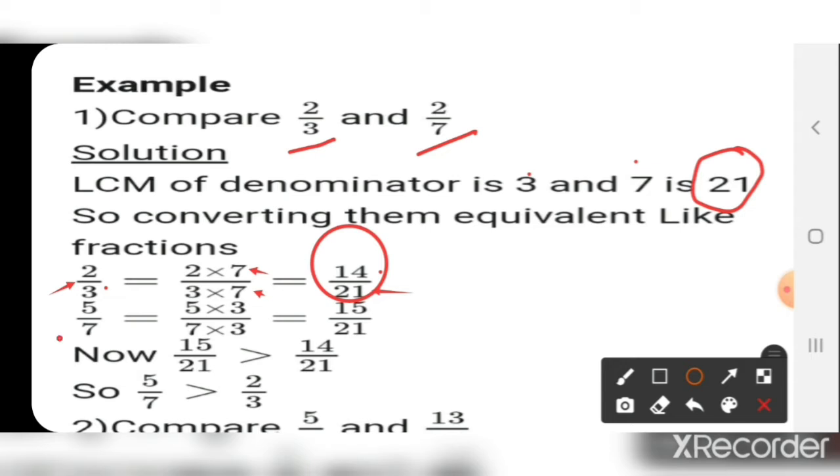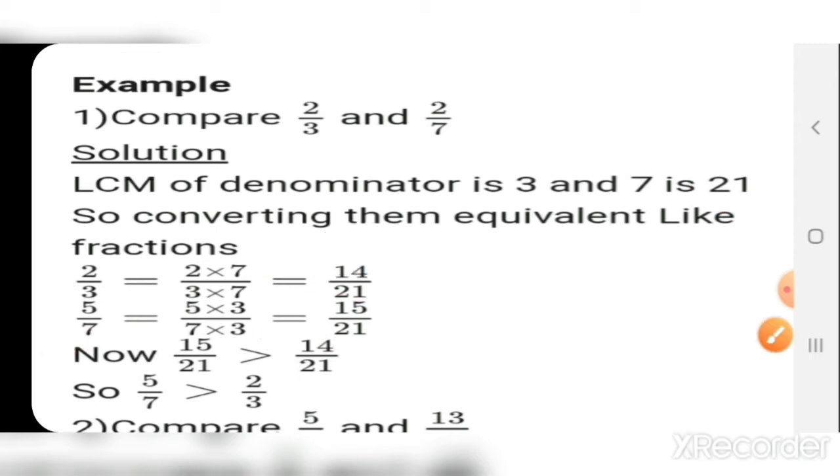In the same way, 7 multiplied by which number gives denominator 21? 3. If we are multiplying the denominator with 3, we will multiply the numerator with 3 also. So 7 3s are 21 and 5 3s are 15. So we got this fraction, 15 upon 21.